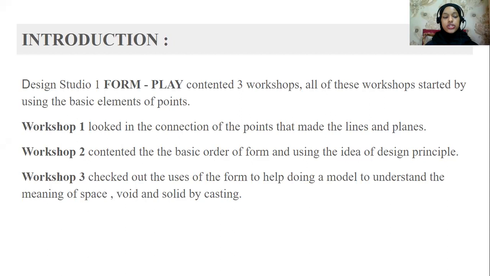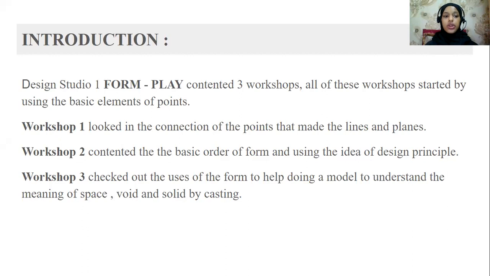This is the introduction. In Design Studio One form play, it contained 3 workshops. All of these 3 workshops started by using the basic elements of point. In workshop one, it looked at the connection of the points that made the lines and planes.